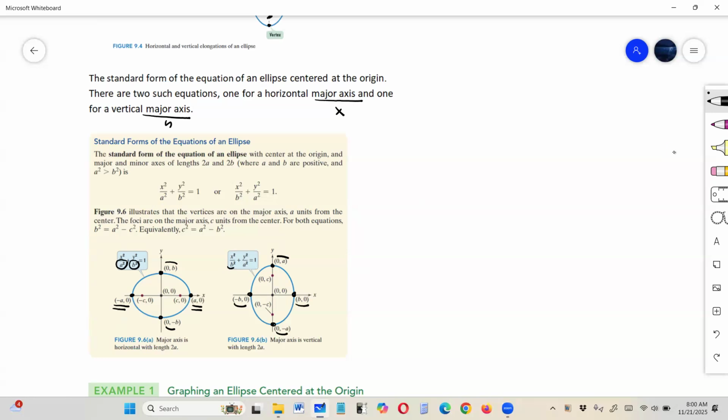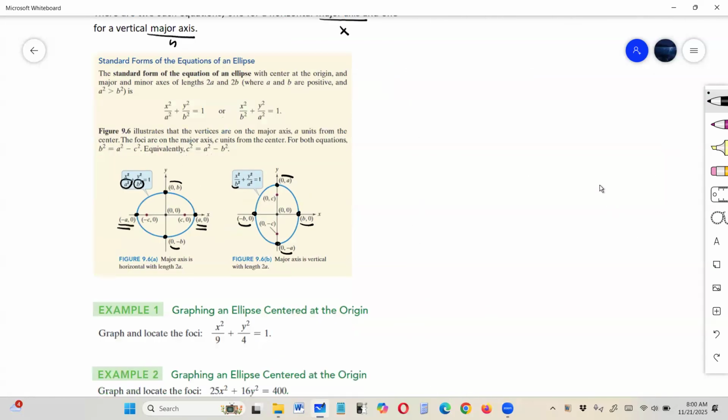So this becomes very straightforward if we remember these three things. The a and the b are the distances to the vertices, the extreme four points on the ellipse, and the c is the distance of the foci to the origin, to the center. All right, so let's take a look at a couple of examples.